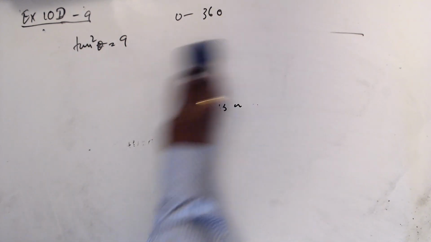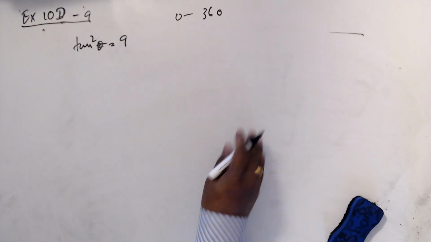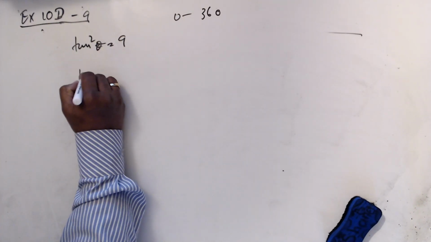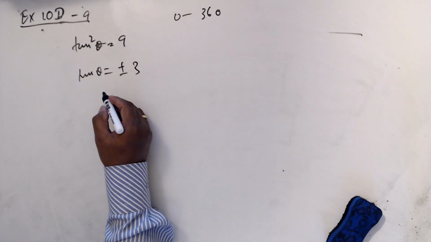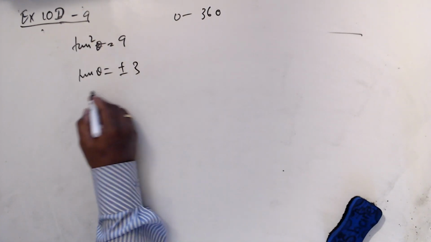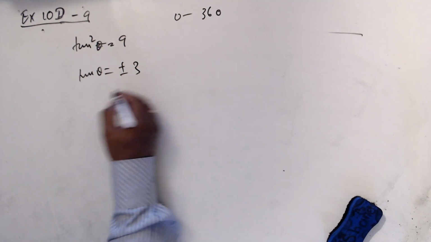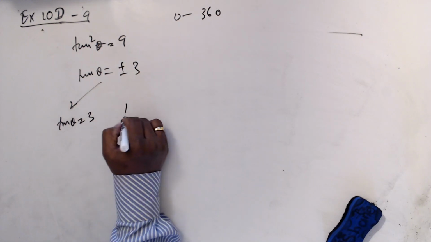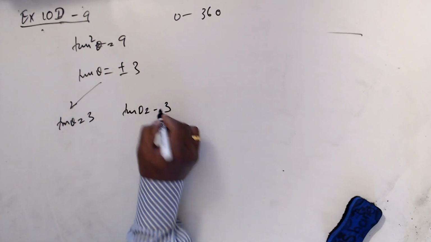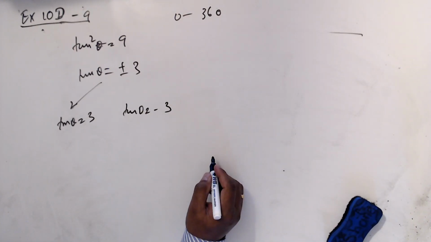So we'll work with tan theta equals plus or minus 3. So now there are two equations: tan theta equals 3 and tan theta equals minus 3.